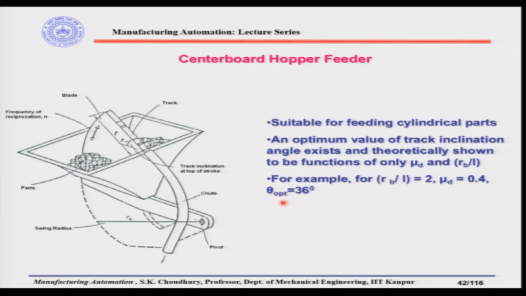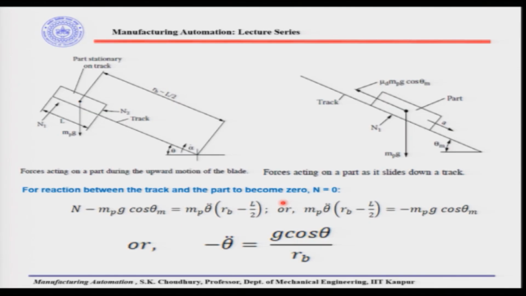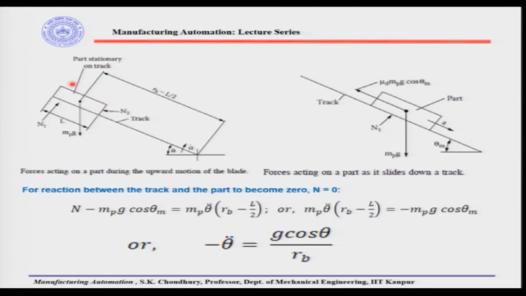Let us see this. These are the two line diagrams showing how the forces act on the part when the part is at the highest position of the blade and when the part is coming down. Forces acting on a part during the upward motion of the blade are like this.